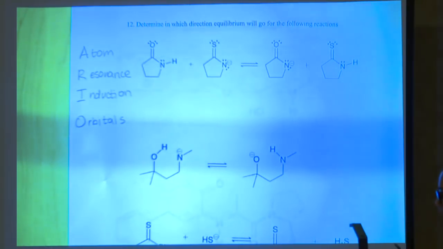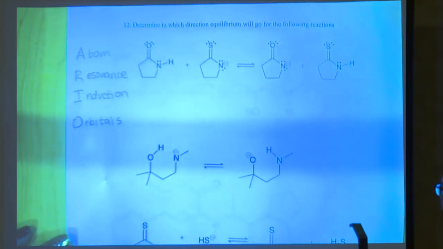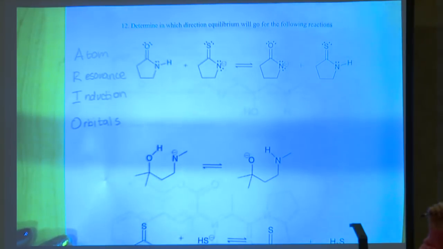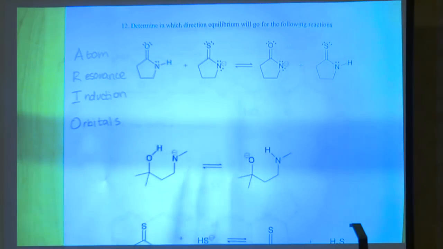which direction will equilibrium go? What do we need to look at? You think it goes in the forward? Of which one? Let's just go one step at a time.